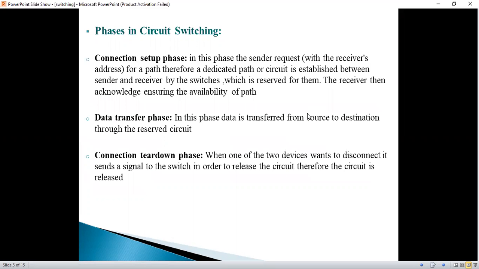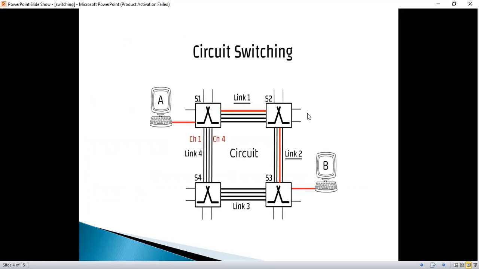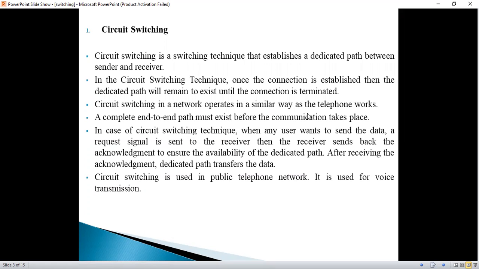Now in packet switching, the path is not dedicated. It is not reserved between the sender and a receiver, right? It is shared. Okay, all the paths within the network, all the routes for communicating data from one device to another, they are shared. They are not reserved for any two devices, right? Now how are they shared?